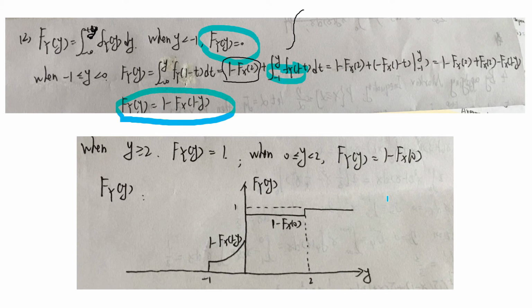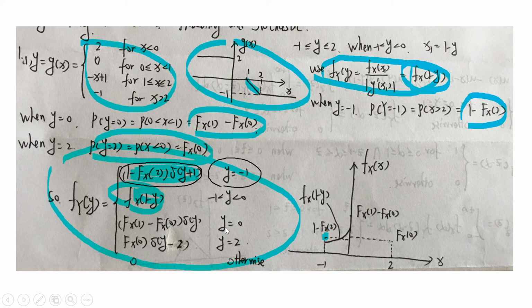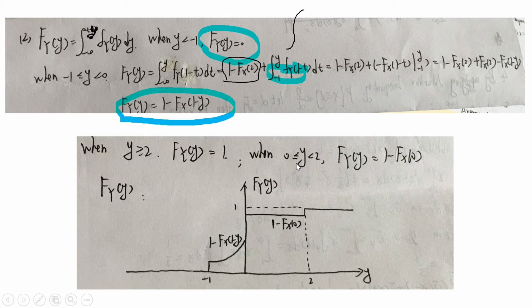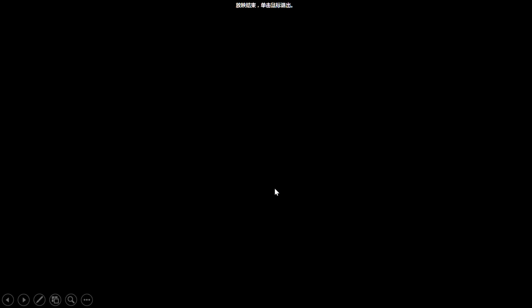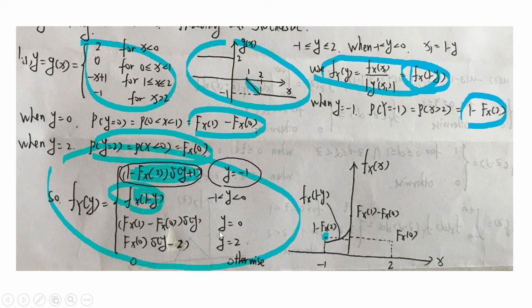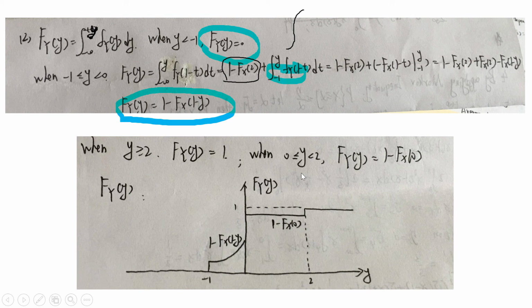So when we move from the left of y equal to 2 to the right of y equal to 2, FY(y) should be at FX(0), and we already know that when y is greater than 2, FY(y) should be 1. So the neighboring part, when y is located in the range between 0 and 2, FY(y) should be 1 minus FX(0).